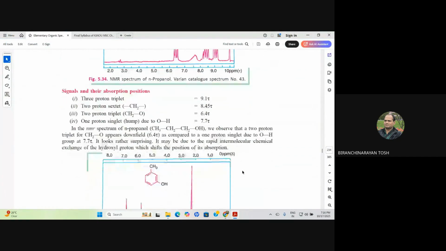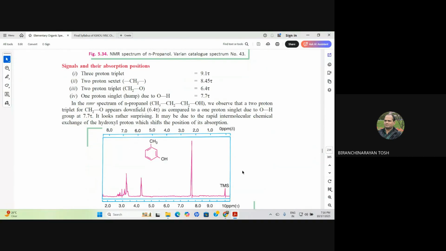Okay, next molecule you can take, the metacresol. Here there is one hydroxyl or phenolic OH group, that is one proton, one methyl group, and these ring protons, 1, 2, 3, and 4. These 4 protons are unsymmetrical, so for them we'll get a multiplet.